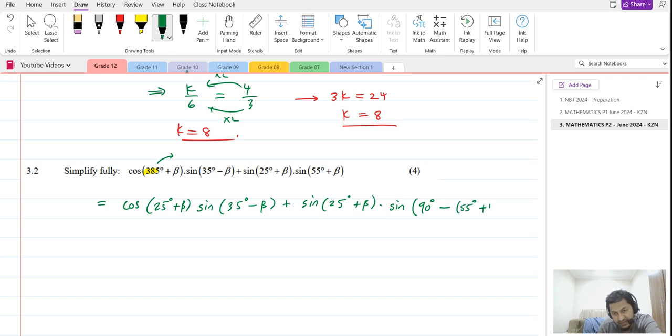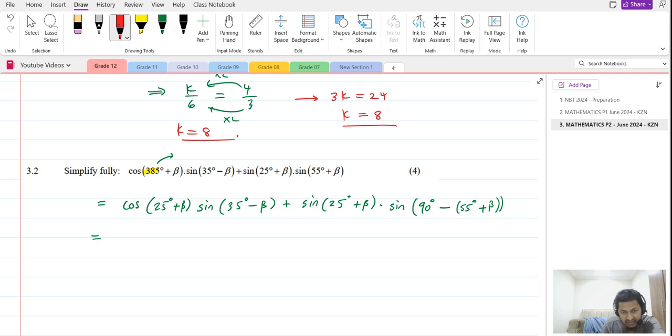55 plus beta. So now remember, I think you're going to start with sine, end with sine. So that's going to end with sine. So let's write this out first. I think it's a sine angle.